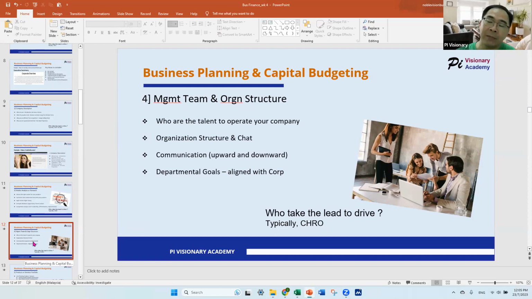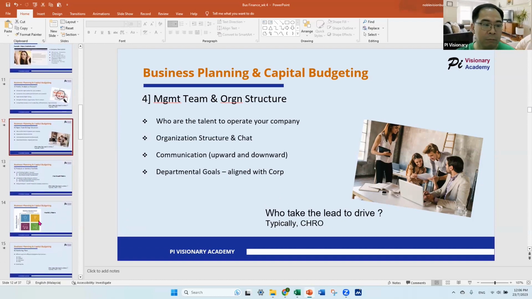Whether you are in an IT department, finance department, purchasing department, sales department, or production department, each department must have a roadmap, a direction, an objective.